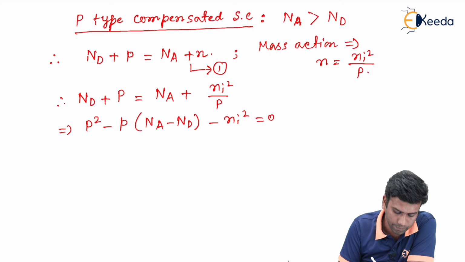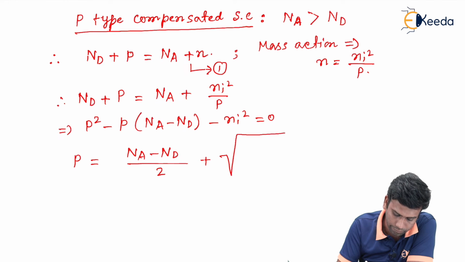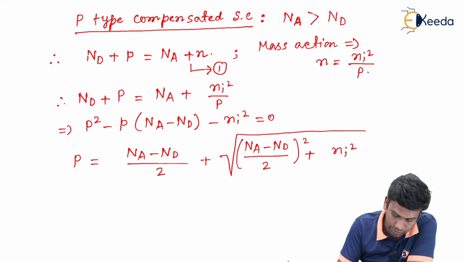So from this second order equation we can find the value of p, and the value of p will be like this: (Na minus Nd) divided by 2 plus root over of ((Na minus Nd) divided by 2) whole square plus ni square.